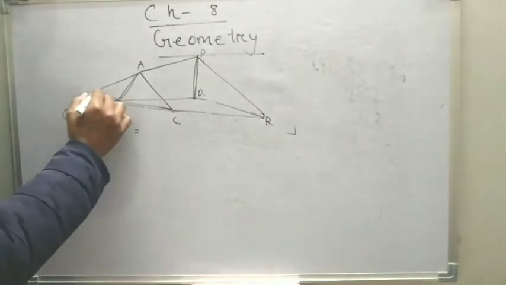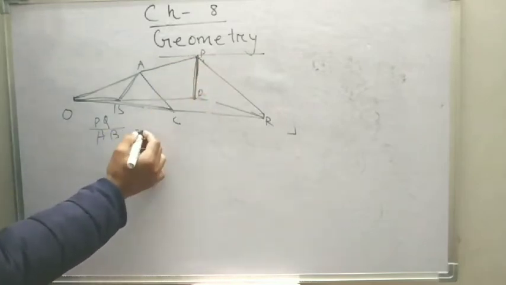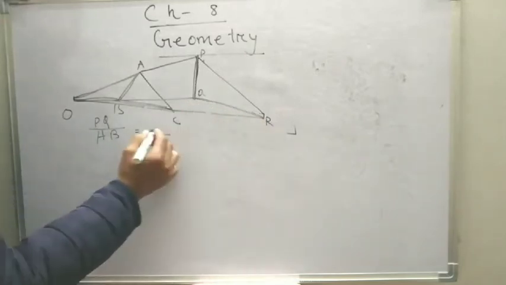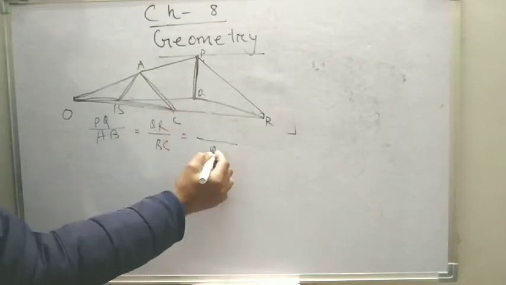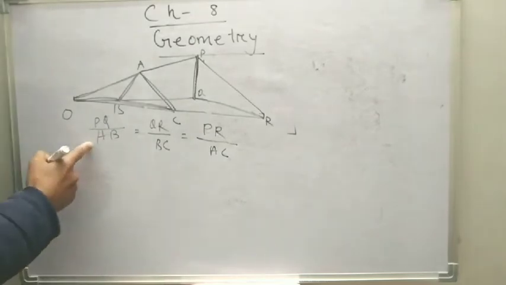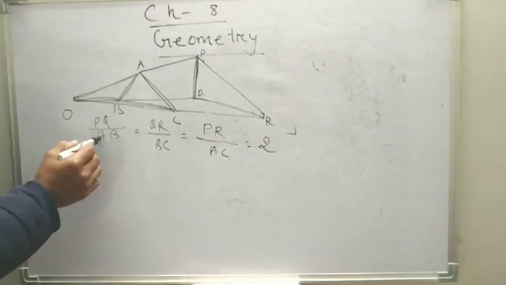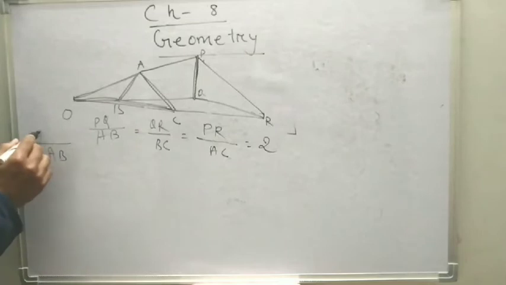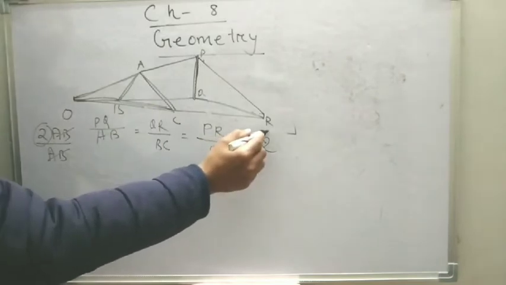AB will be half of PQ, similarly BC will also be half of QR, and AC will also be half of PR, and like this we will get a ratio of 2. If AB is half of PQ, then PQ is twice of AB, then AB cancels, and we get a ratio of 2.